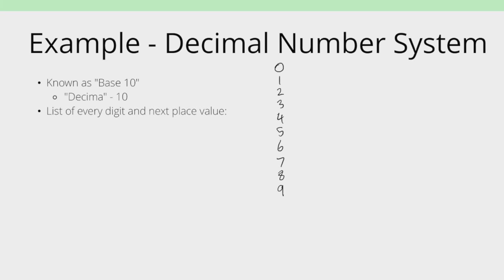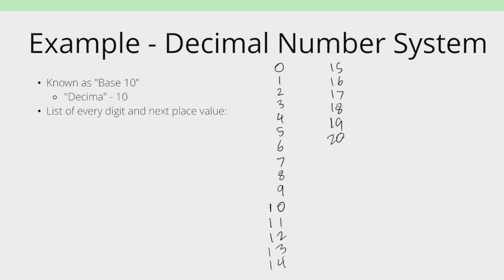So we actually start over at 0, and we add 1 to the left, right? Isn't that the next number after 9? And then we keep going. 11, 12, 13, 14. I'm going to start up here. 15, 16, 17, 18, 19, 20.